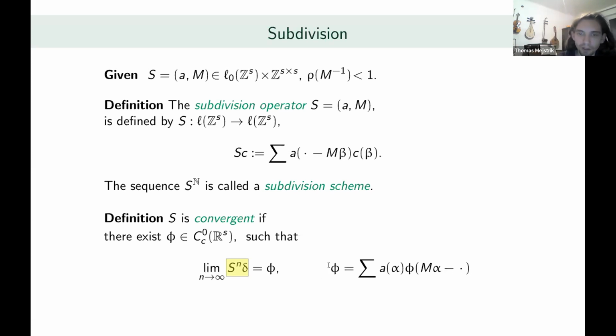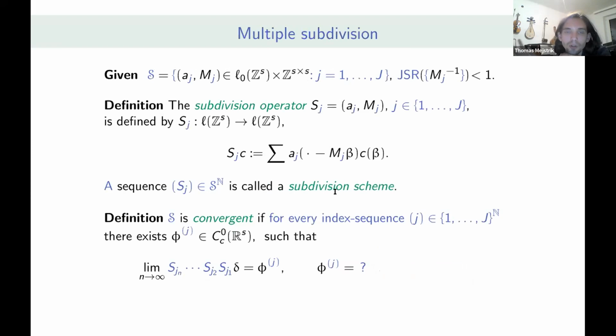And then, as with the wavelet, one can show that if a subdivision scheme is convergent, then this function phi, our very basic limit function, fulfills this self-similarity equation. I forgot to say what delta is. Delta is the delta sequence, which is 1 at 0 and 0 everywhere else.